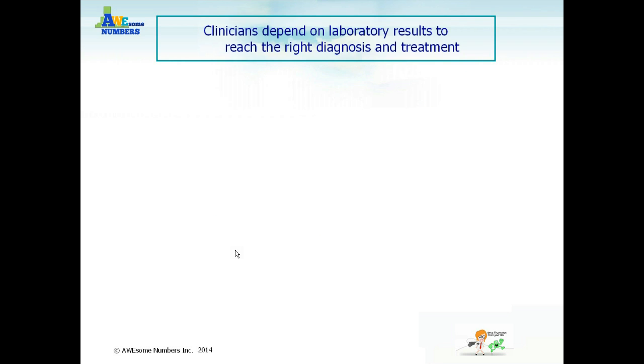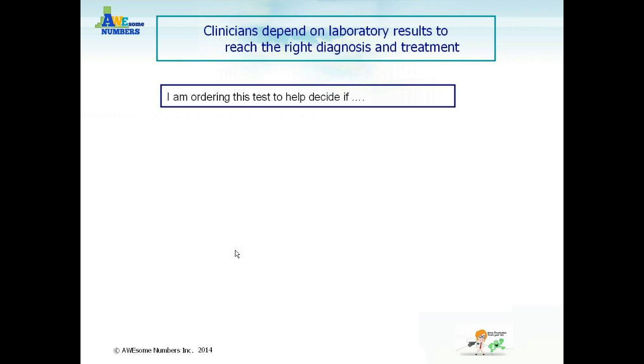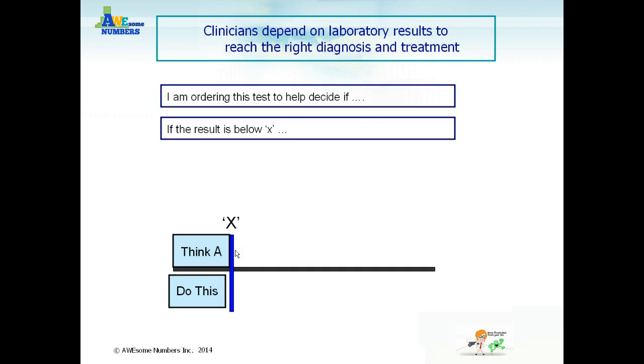Clinicians depend on the right results to reach the right diagnosis and treatment for their patients. The essential process they're following is: I'm ordering this test to decide if the patient is sick, if the patient is well, if they're immune, if they're not immune, if they're responding to therapy, etc. If the result is below a certain point, they're going to think one thing and do one thing.